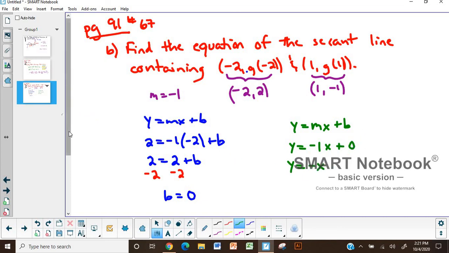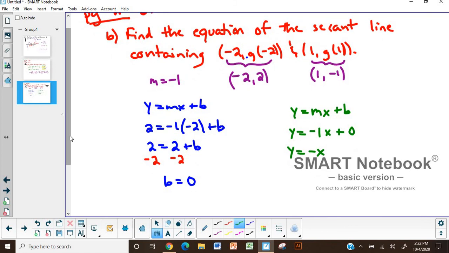We don't really need to write the plus 0 there, because if we add 0 to anything, we are just left with what we have. So the equation of that secant line is going to be y equals negative x, or some people might write it as f of x equals negative x. It doesn't matter which way you write it. Either way is mathematically accurate. Okay?